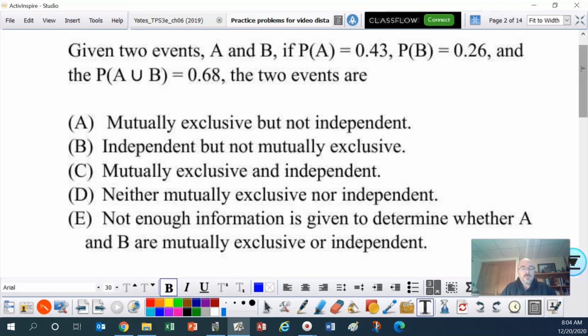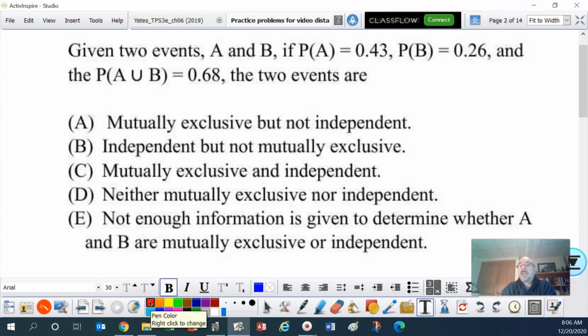So what in the world do we need to do to solve this? Well, let's find out. The first thing I'm going to check, ladies and gentlemen, is what it's saying up there: the probability of A or B is 0.68.